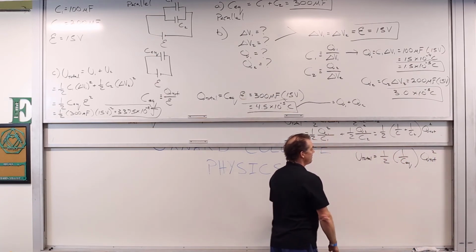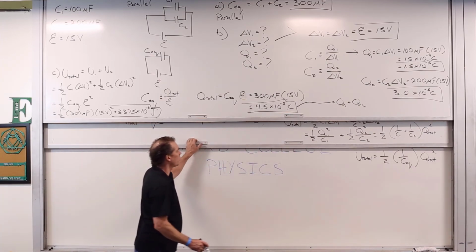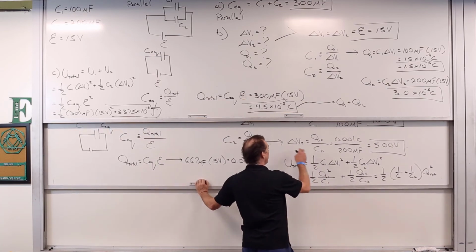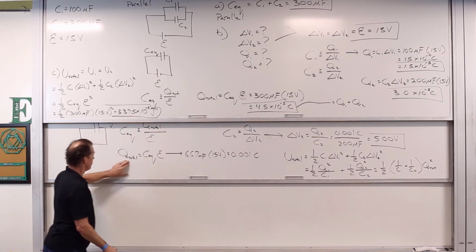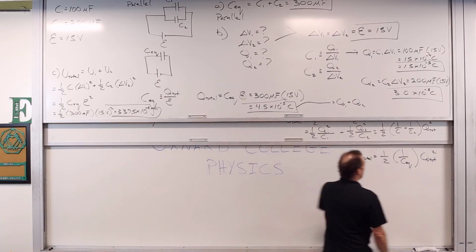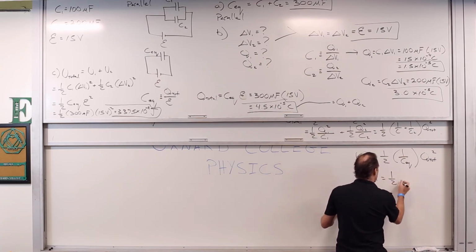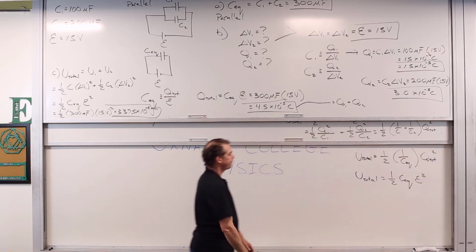And what could we do then? Well, we could go back and say, well, Q total we could rewrite in terms of delta V and CEQ. We can write it over here, Q total equals CEQ times the source potential. So getting that, we can write this just as well as 1/2 CEQ times the source potential squared.